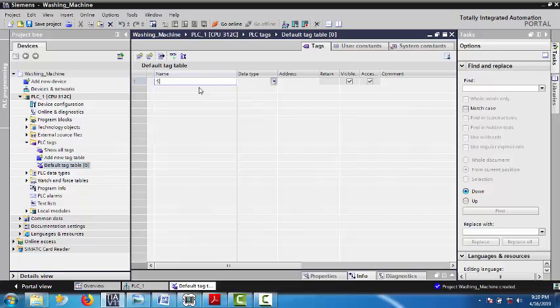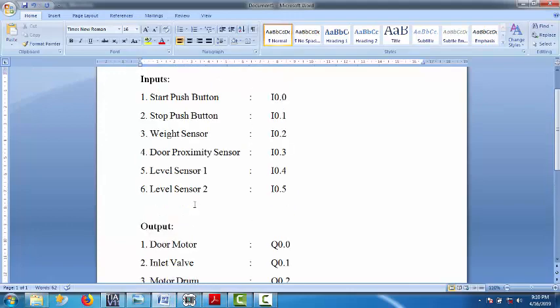So there is a start push button, it is an input. There is a stop push button, it is also an input. Now what are the other inputs that we have?